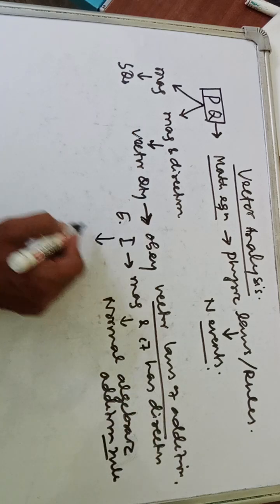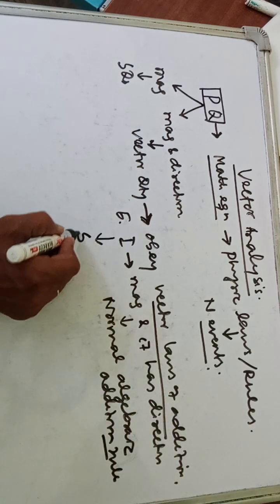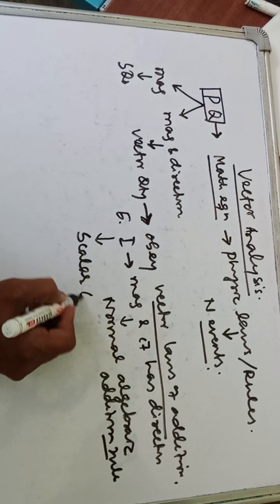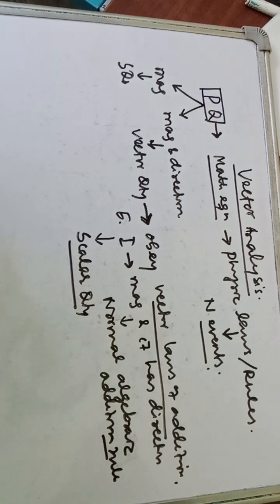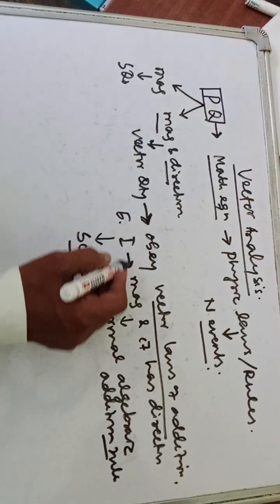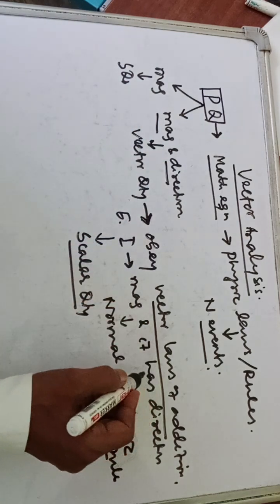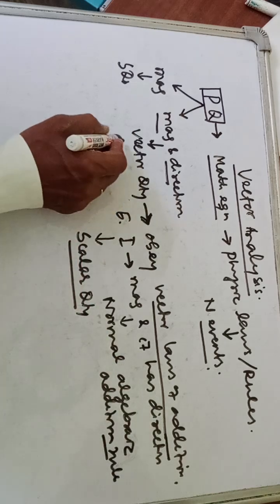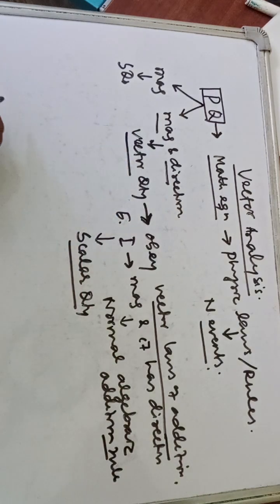Hence, this electric current is a scalar quantity, whereas those quantities which have magnitude and direction and obey vector laws of addition are termed as vector quantities.